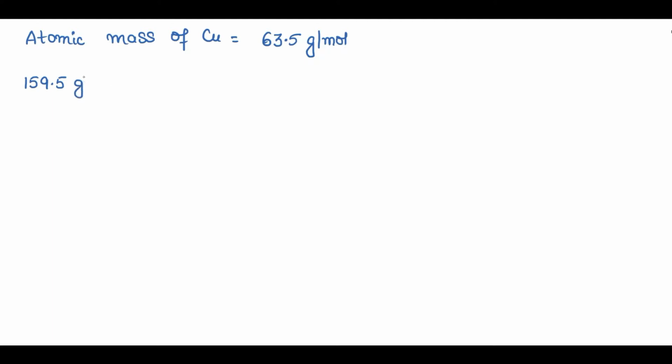159.5 gram per mole of copper sulfate will give copper equal to 63.5 gram per mole. We have to find in 100 gram of copper sulfate, right?